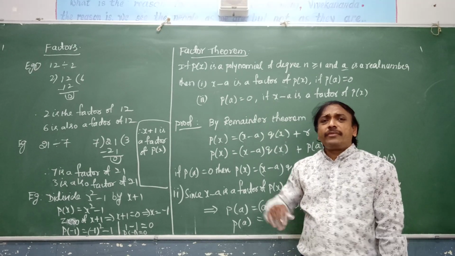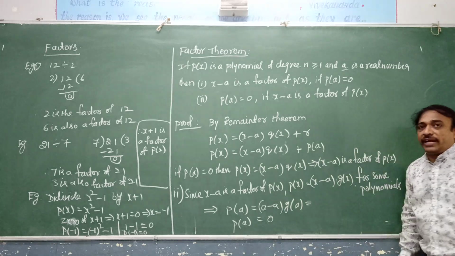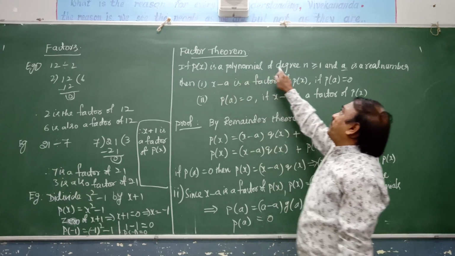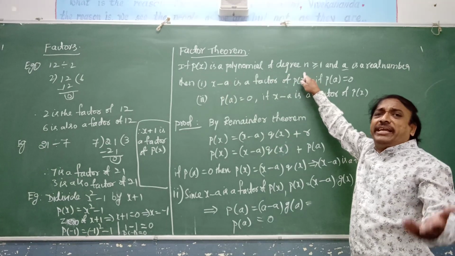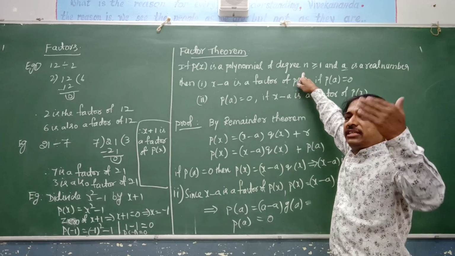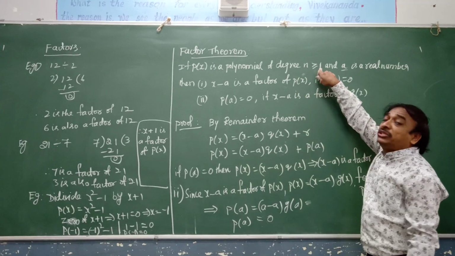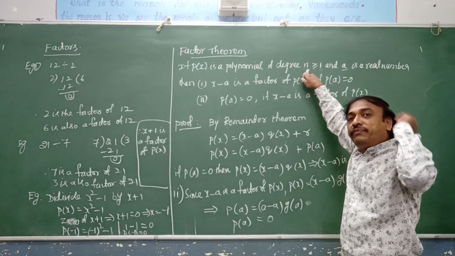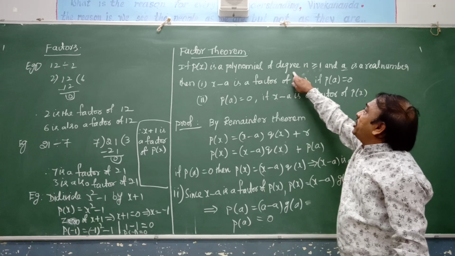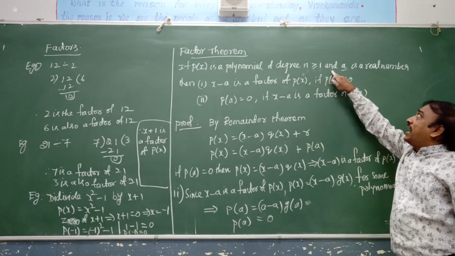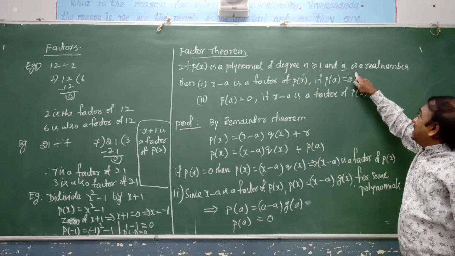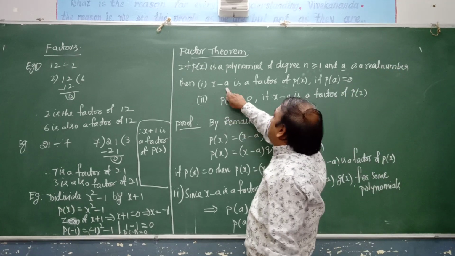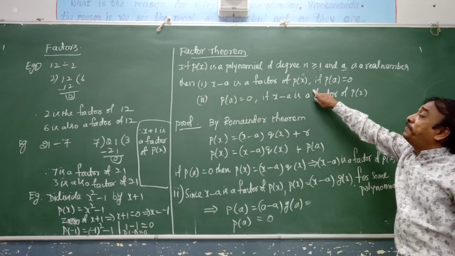Now come to the factor theorem. Look at the board. If p of x is a polynomial of degree n, which can be anything, maybe 2 or 1 or 3, greater than or equal to 1, here n is nothing but the degree, maybe 4 or 3 or 2 or 5, and a is a real number, then x minus a is a factor of p of x.